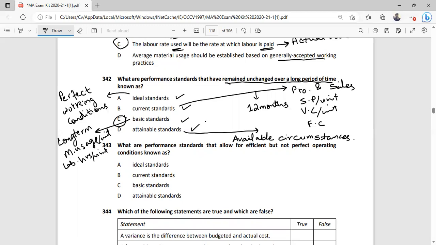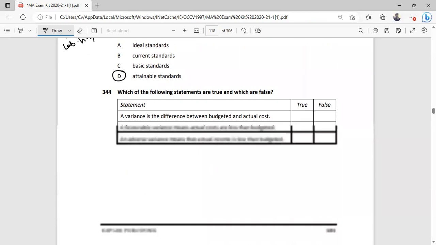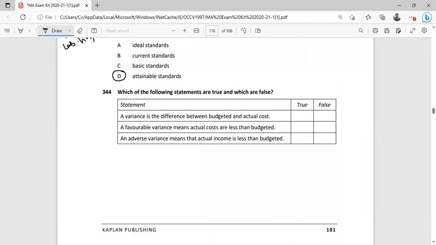What are performance standards that allow for efficient but not perfect operating conditions? Attainable standards are the ones which talk about the efficiency, challenging but not ideal standards. Which of the following statements are true and which are false? A variance is the difference between budgeted and actual results.